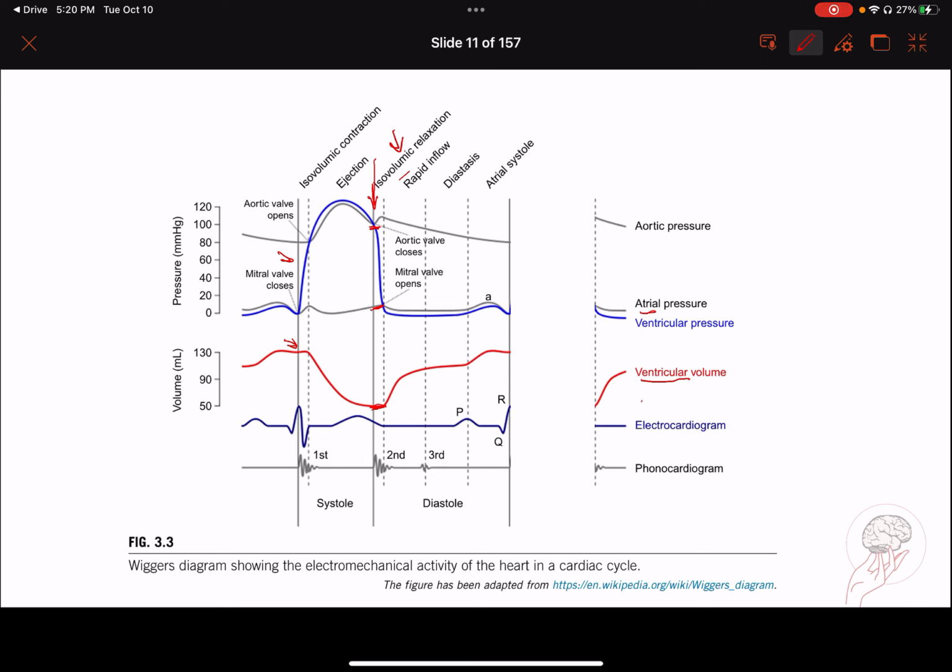And then if we come down here to our electrocardiogram and phonogram, we are now in the diastolic. So the isovolumic contraction and ejection is the systole. And now we're in diastole, or relax. And then this is contract.